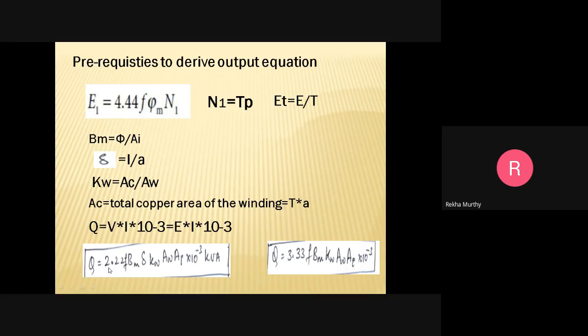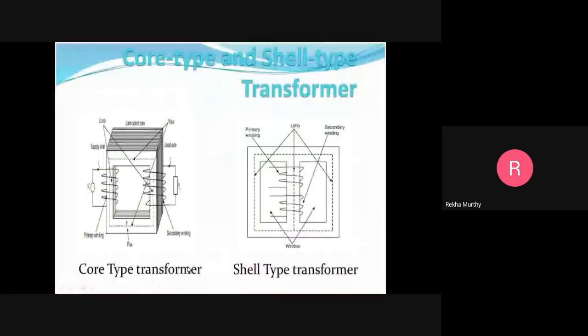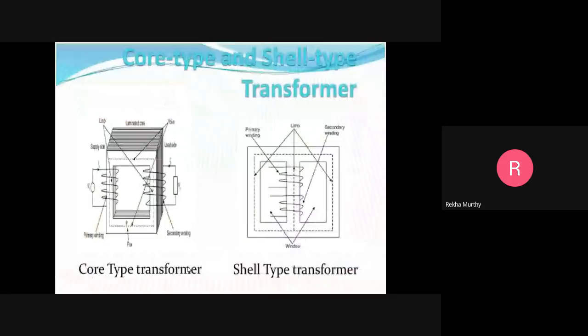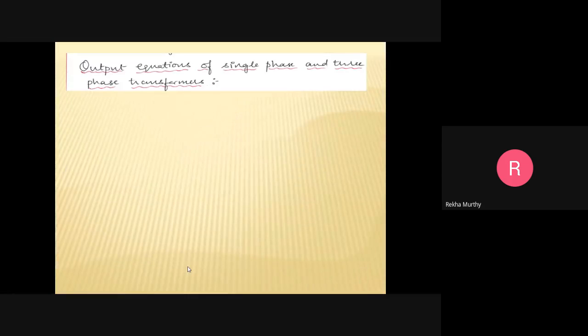Similarly here, you have to remember Q is equal to 2.22 F into BM into AI into KW, together with this ratio, into delta into 10 power of minus 3. So that is your first formula of this module which you need to remember. These are all just basic things. Now let's move on to the derivation part.